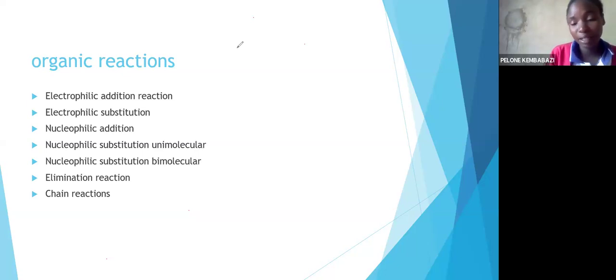So before we outline a mechanism, you need to understand which reaction this is, because one day they may tell you to describe the chemical reaction between certain species, and then they tell you to outline the mechanism.